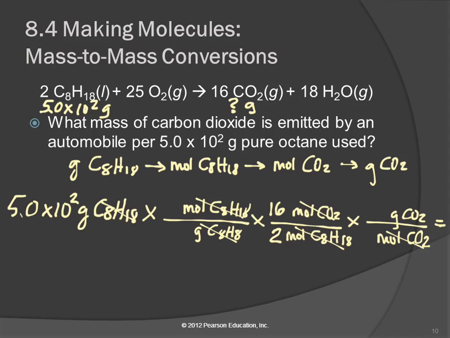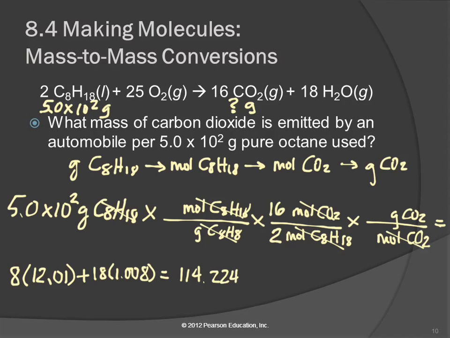This is molar mass. And I would encourage you to write them out, because then if you make a mistake, you can go back and see what you did wrong. So C8, that's 8 carbons at 12.01 and 18 hydrogens at 1.008. 8 times 12.01 plus 18 times 1.008. 114.224.